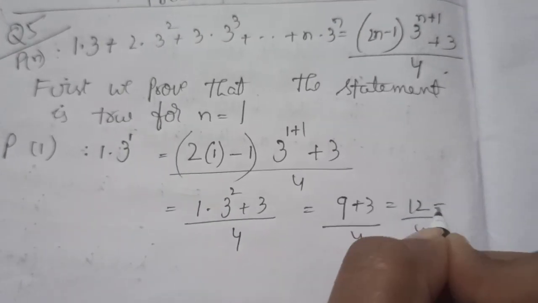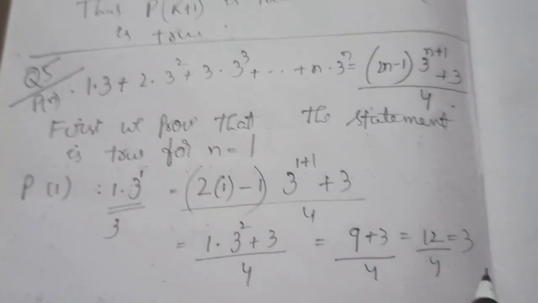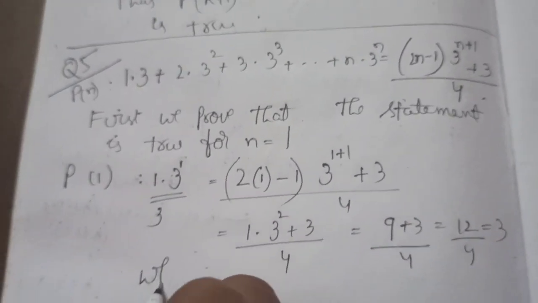So your left hand side is 1 into 3, which is 3, and the right hand side is also 3. So it is true.